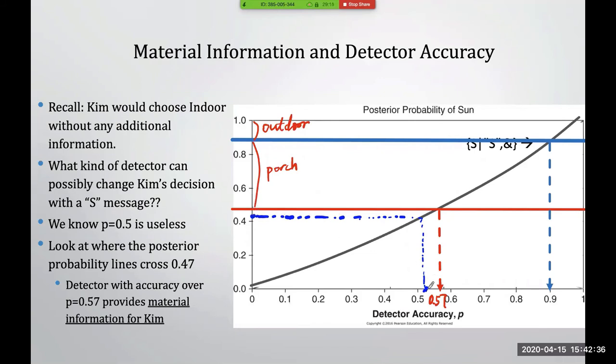So when this detector gives a sunny day message, this will be Kim's belief that it is going to be a sunny day, and it is below this threshold. So even given a sunny day message, Kim would still choose indoor. So a rain detector with this accuracy will not change Kim's decision after sending Kim a sunny day message, which means the information provided by this detector is immaterial.